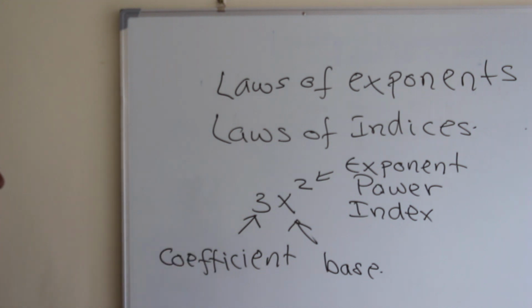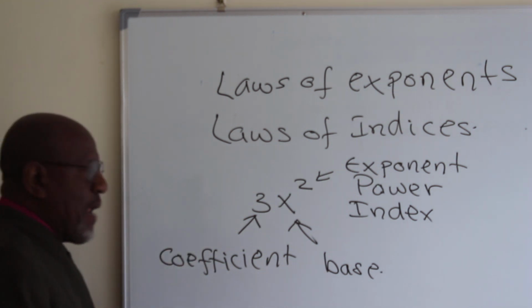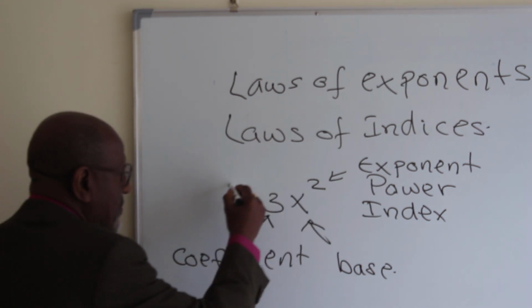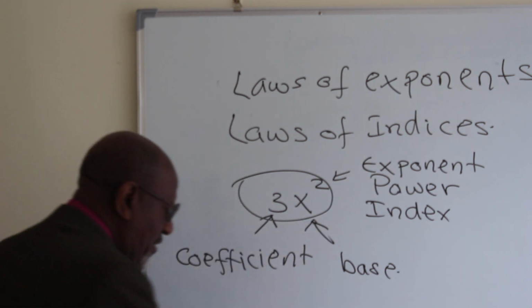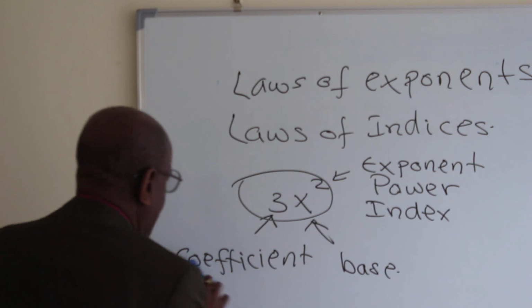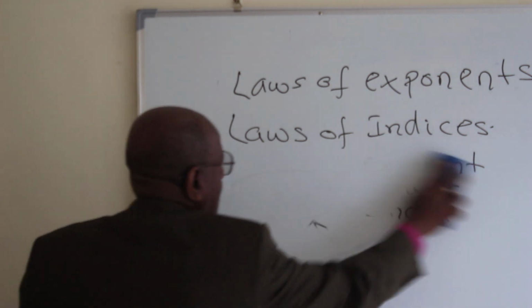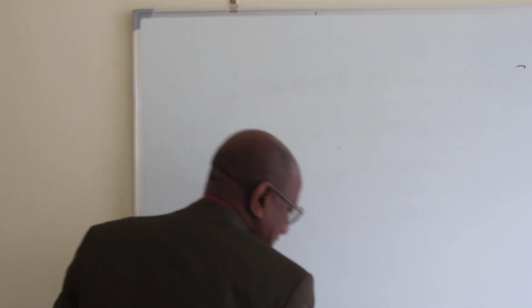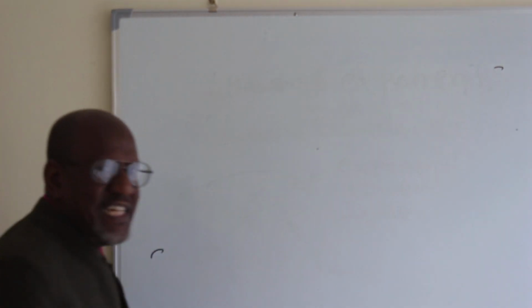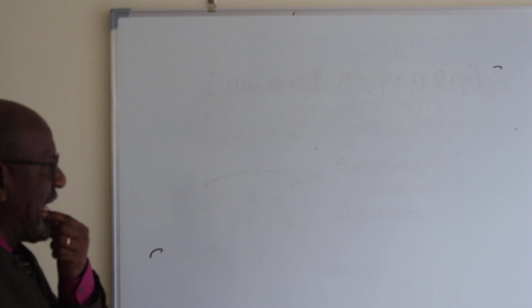So we want to deal with laws that will help us to multiply terms of this kind. So let us look at our first rule. Our first rule is simply that terms of the same base, when multiplied, we add the exponents.